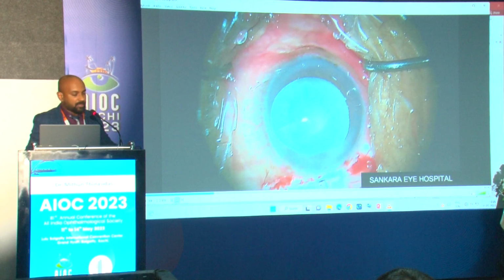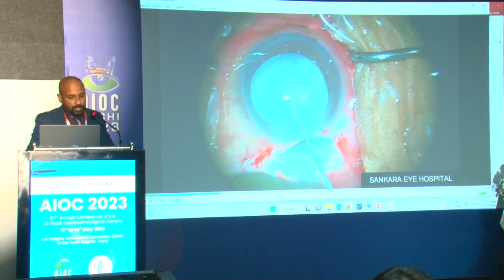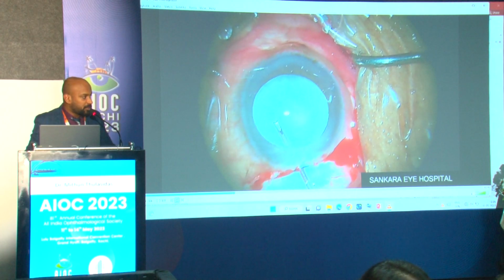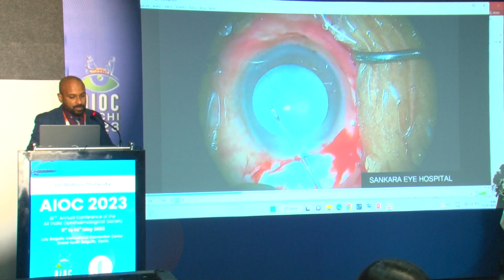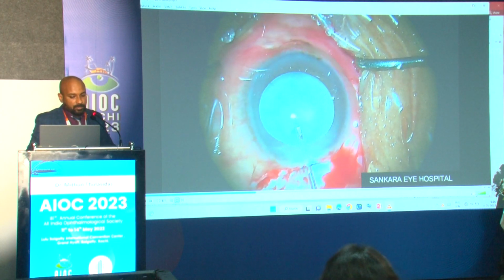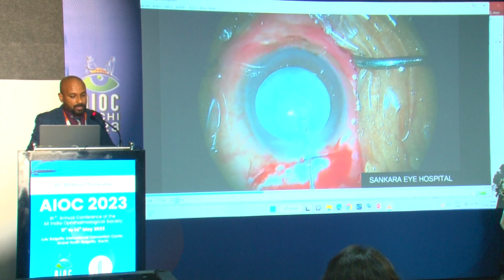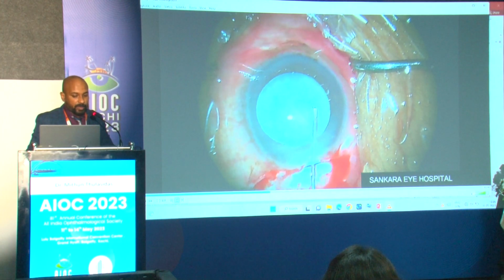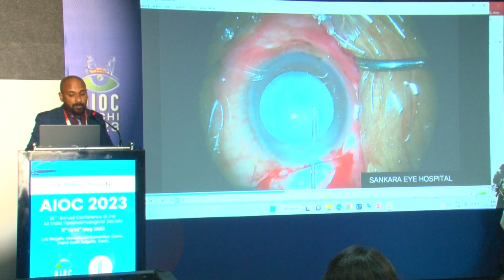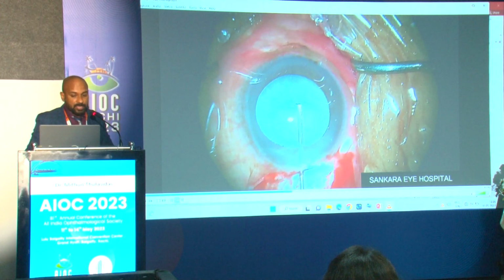Now we enter with the flow open actually. So initially once we make the nick, the continuous flow of fluid automatically washes out the liquefied cortex material. Here we have only a minimal egress of fluid. Then once the liquefied cortex is washed away, we lift the flap and rotate it. The other advantage is that the flow is continuously kept open so that the anterior chamber is maintained.